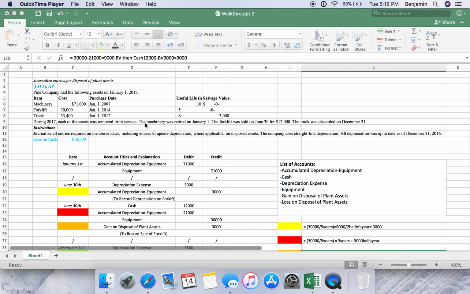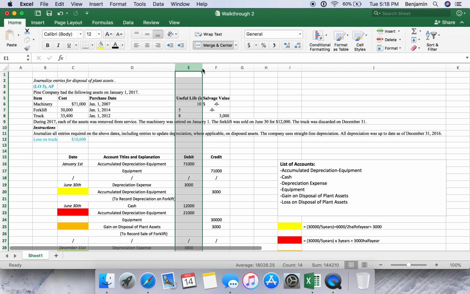The machinery was retired on January 1st. There was no sale, it was just retired. And so we need to accumulate all the depreciation, and since it was not sold, its depreciation is all of its cost.